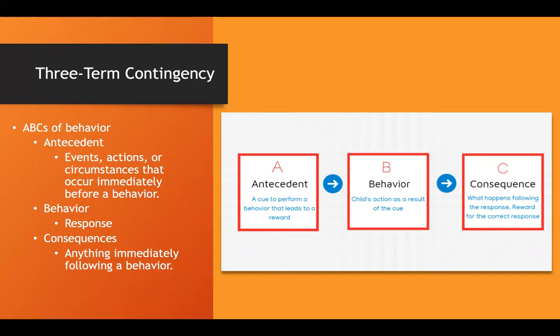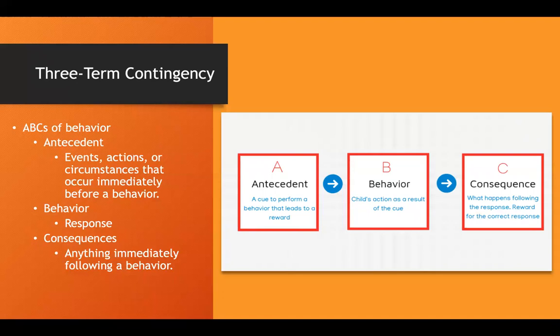So you would write down or observe anything that happens right before a behavior is used by the client. So for the specific situation that we will be using in this PowerPoint, our antecedent would be placing the animal cue cards in front of the client and rearranging them as best we see fit.